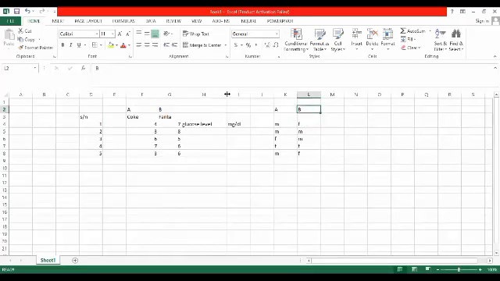And don't forget that even our independent variable can also be continuous. So let's go back to our slide.